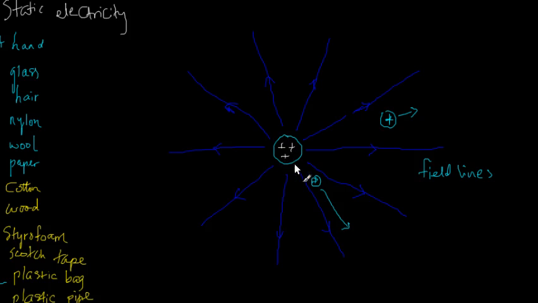Okay, and the idea of using field lines to represent this electric field, this region of electric force, is that we can continue to use it even if we don't know anything about the charges or the object that produces this field.